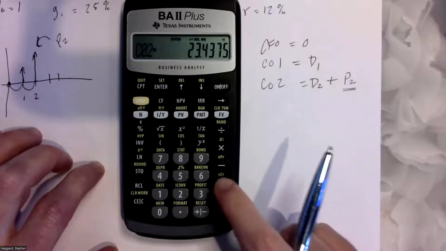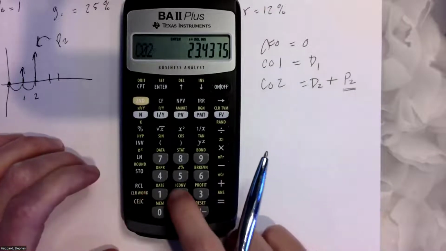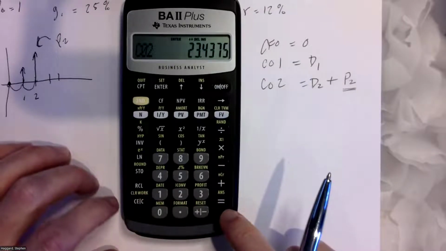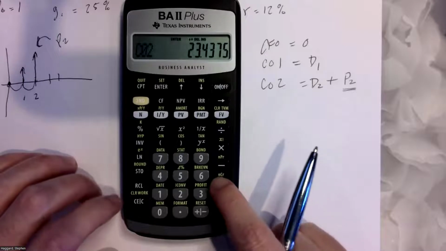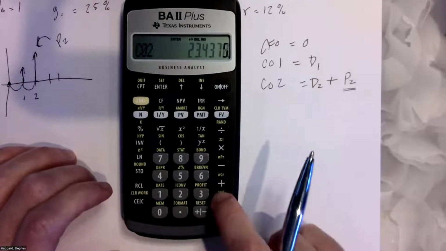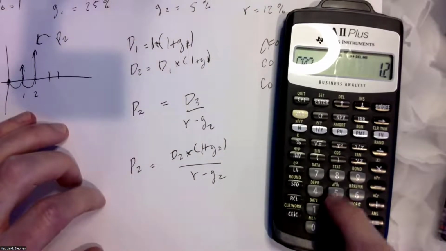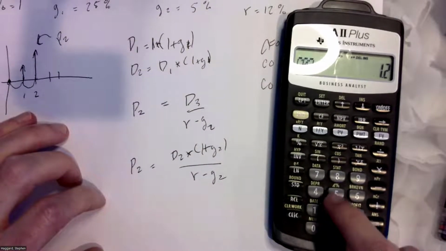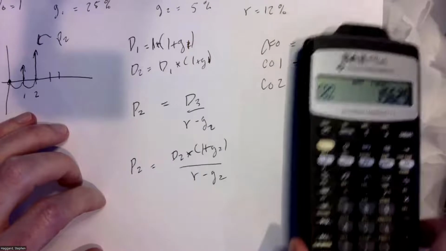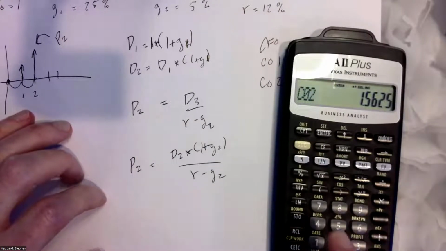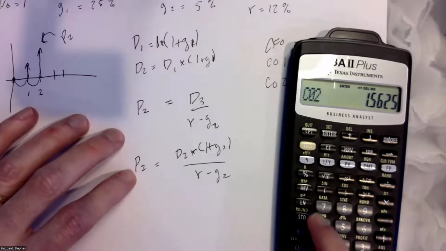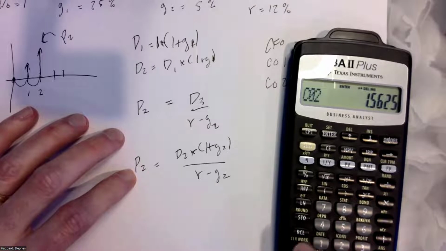D2. Yeah, so we're going to say plus recall 2 equal. Uh-oh, that didn't work. Plus recall 2 equal. Okay, maybe I didn't store it then. 1.25 times 1.25. It was 1.5625, is that correct? Yes. Okay, store 2.